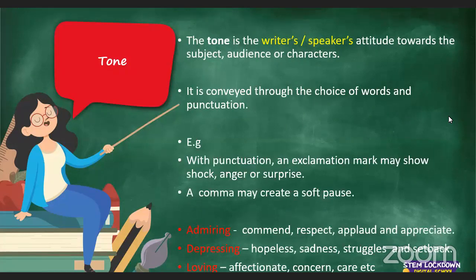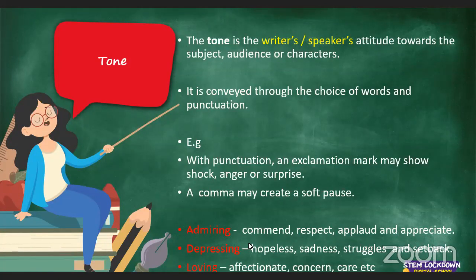For an example, with punctuation, an exclamation mark may show shock, anger, or surprise. And if you're reading a poem and there are so many commas, they may create a soft pause whenever you are reading. With the choice of words, an example would be if you say the tone is admiring, you would say that because you came across words such as respect, commend, applaud, and appreciate.